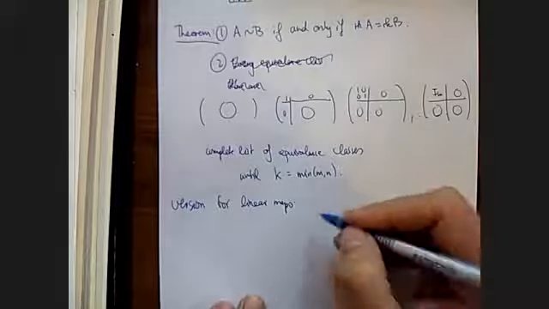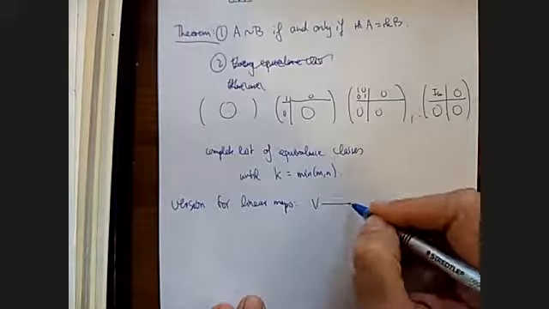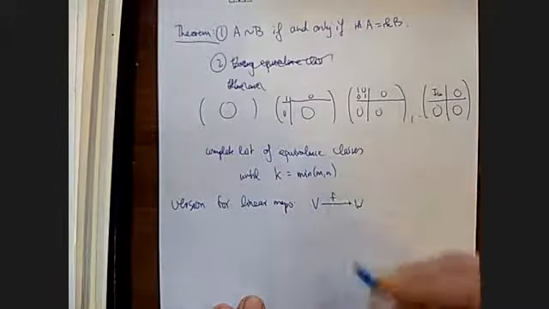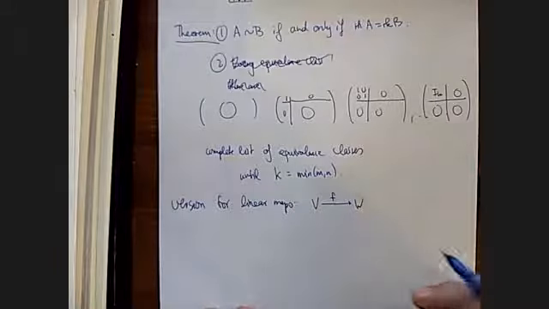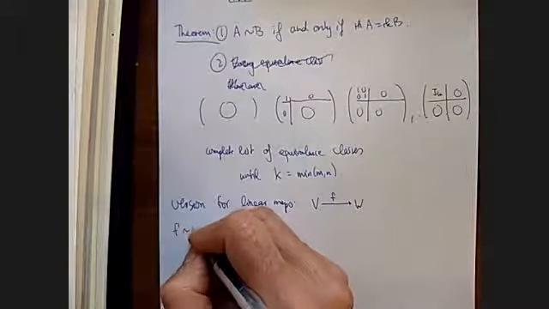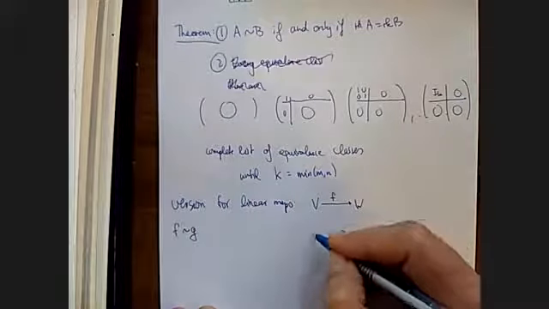So say F is equivalent to G if there exists a diagram like this.